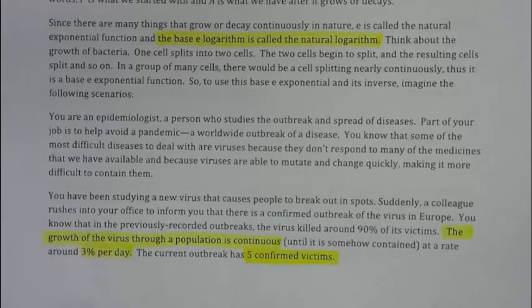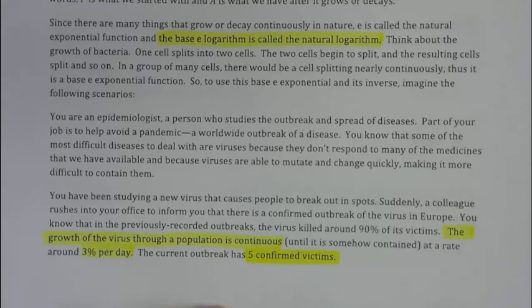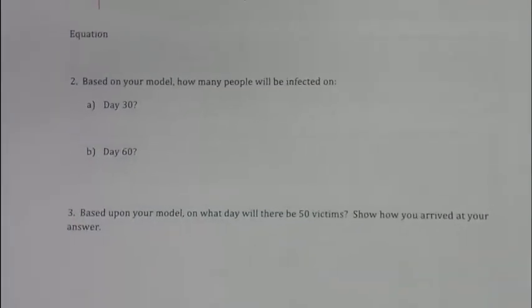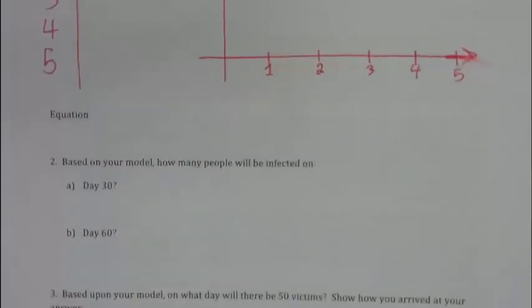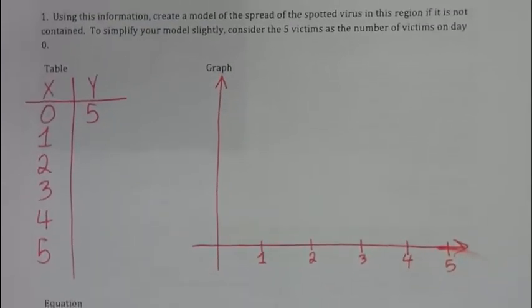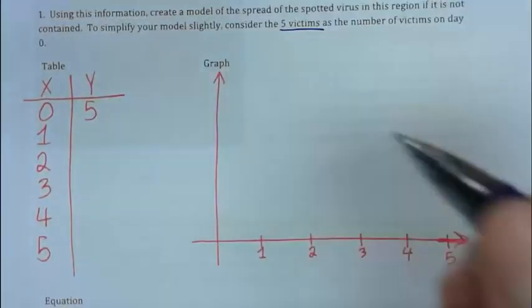And so now we basically can work on our next page and start to develop a function, table, and graph for this situation. So now if we are thinking about this situation, we have a virus that's starting out with 5 victims, and we're going to be using exponential growth.